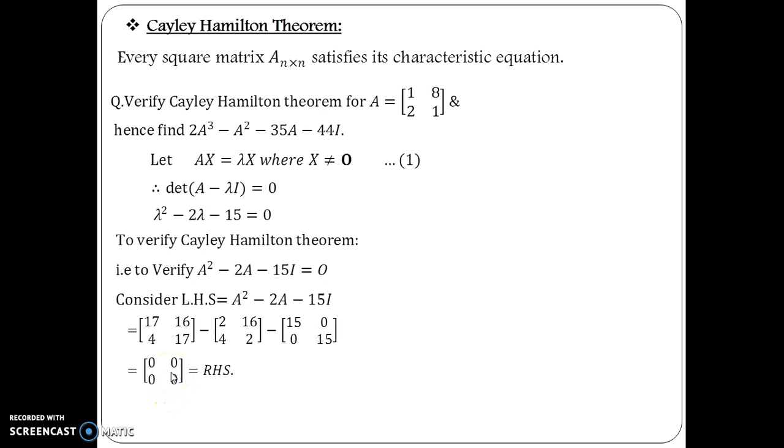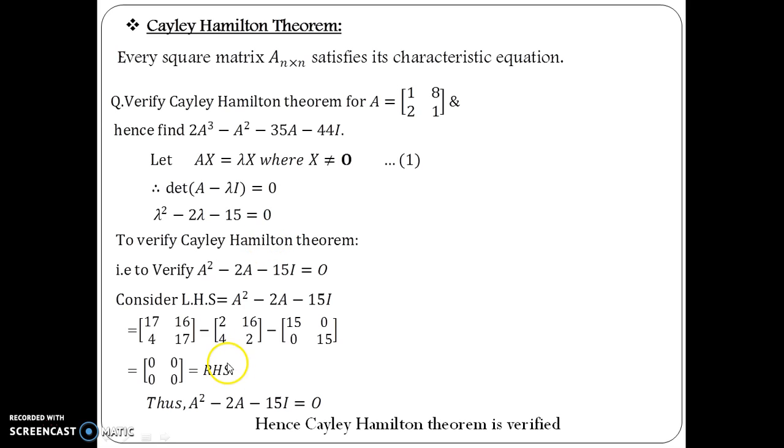Hence LHS is equal to RHS, that is A square minus 2A minus 15I is equal to 0, and hence Cayley-Hamilton theorem is verified. So that's it, and it's very easy. You straight away get almost 3 or 4 marks for this kind of a problem.